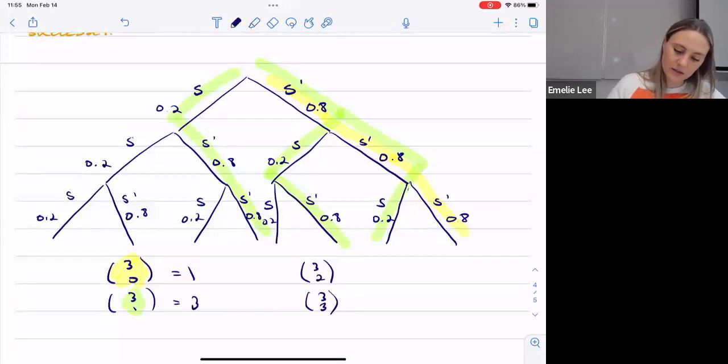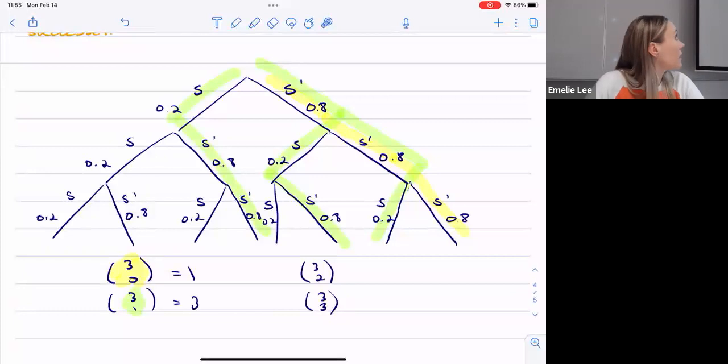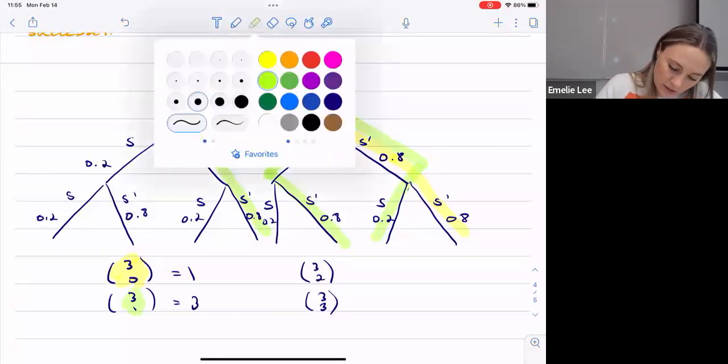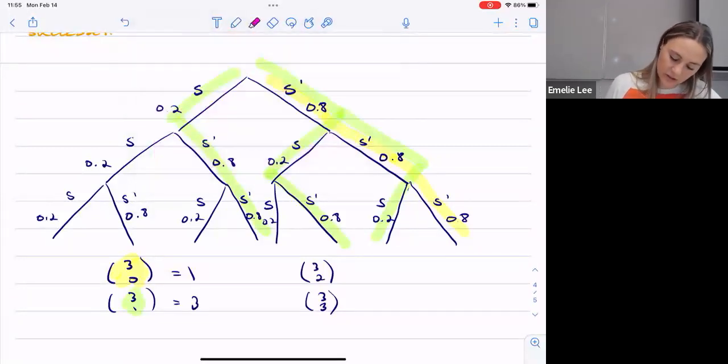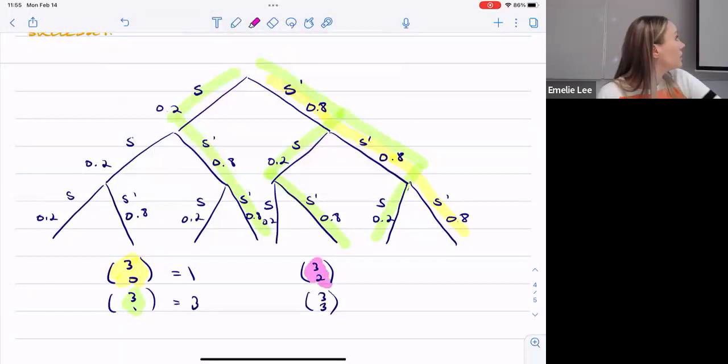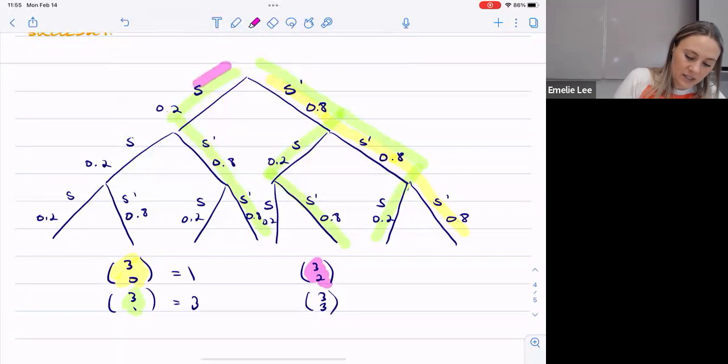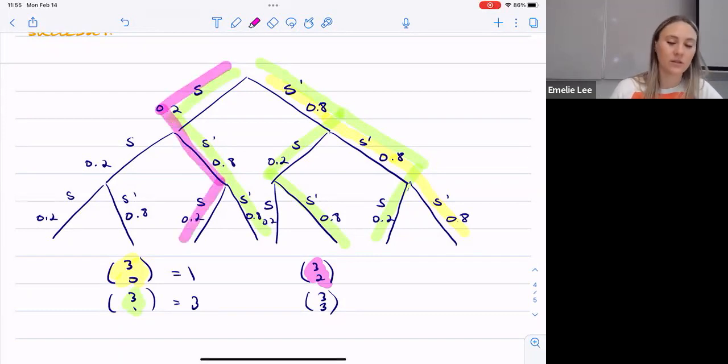So then, how many ways can I have exactly 2? Let's see if I can find a different color here. If I get it in on the first one, and then I don't get it in on the second one, then I have to get it in on the third one. Or if I get it in on the first one and the second one, then I can't get it in on the third one.